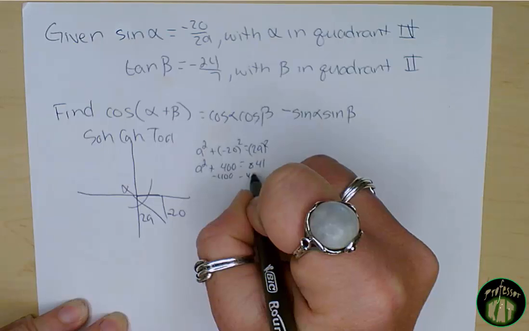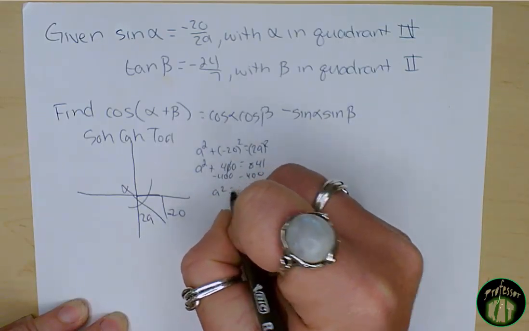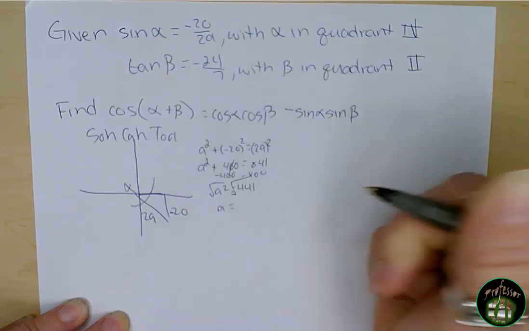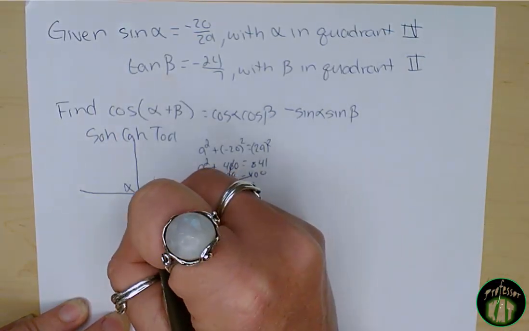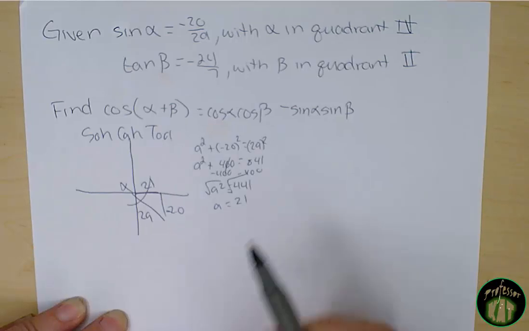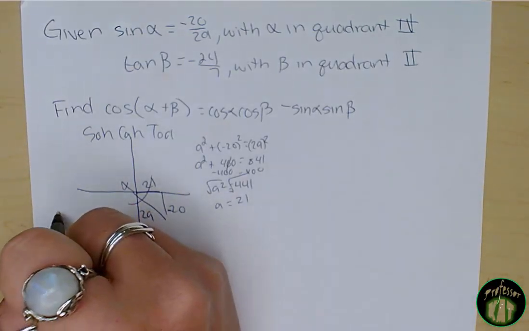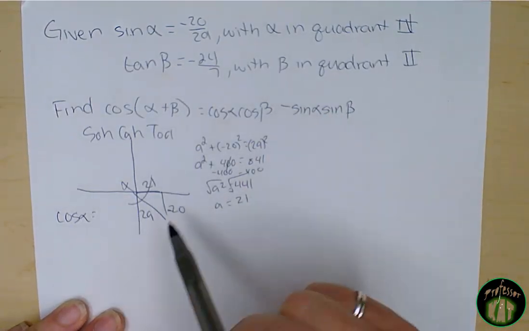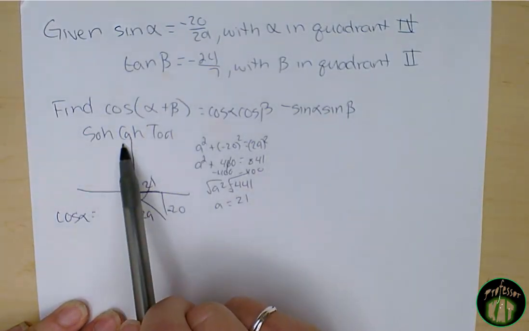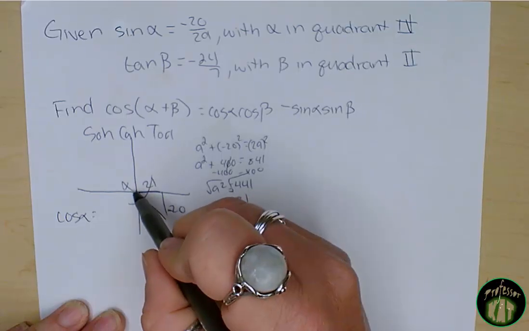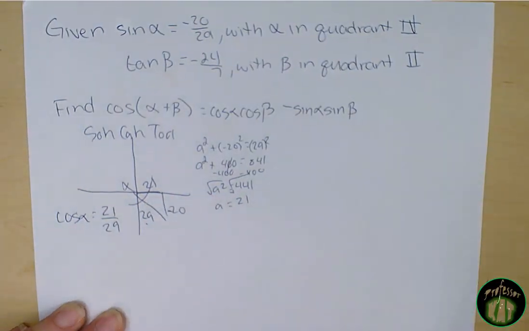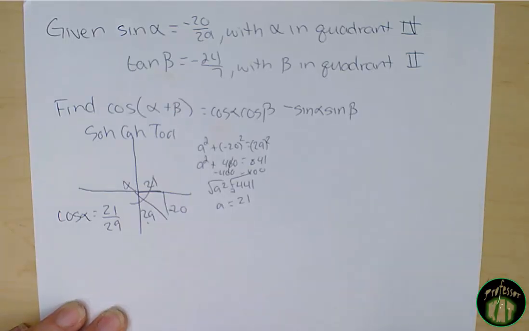When we subtract 400 on each side, a squared is equal to 441. Take the square root, and a is equal to 21. So we now know that cosine is adjacent over hypotenuse, so cosine of alpha is 21 over 29.